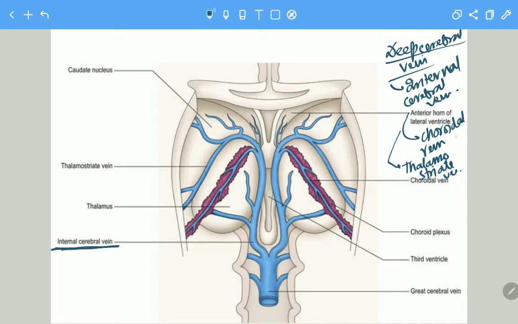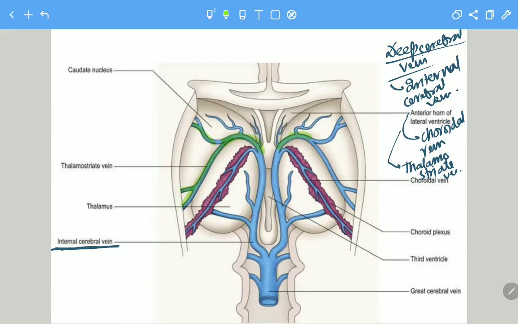As the name suggests, the choroidal vein drains the choroid plexus, and the thalamostriate vein drains the thalamus and the striatum, for example the caudate nucleus.